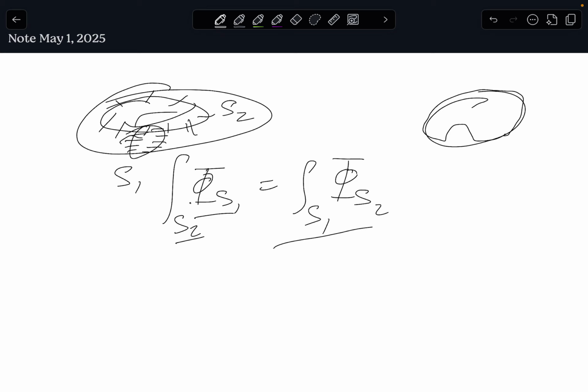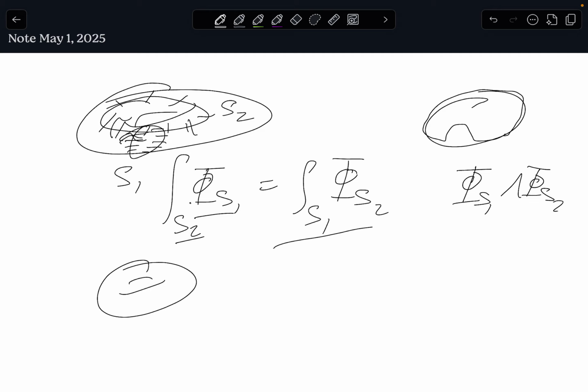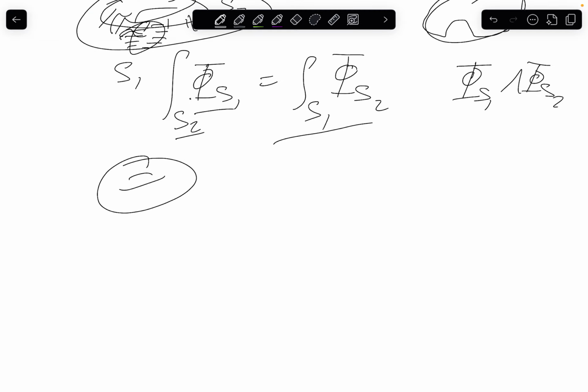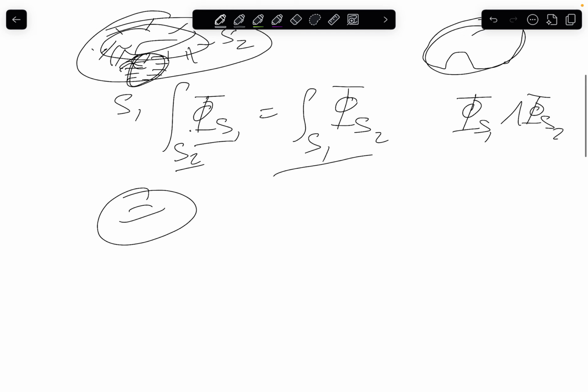With this picture, another thing we can do is look at the product of these two, phi S1 wedge phi S2. This is a bump form in this direction, and this is a bump form in this perpendicular direction. When you take their product, one of them is 0 outside of this circle, and one of them is 0 outside of this circle.